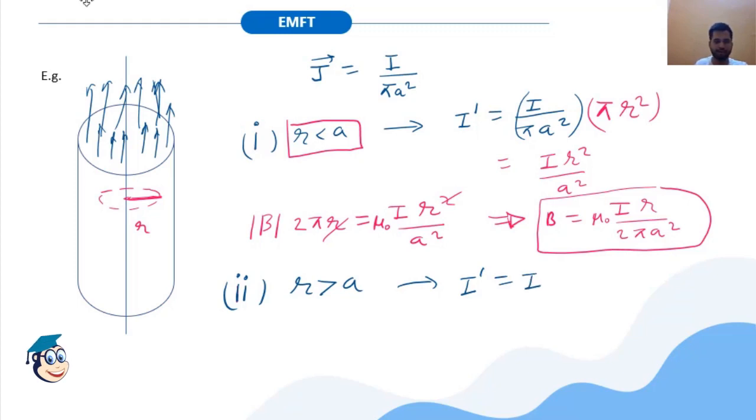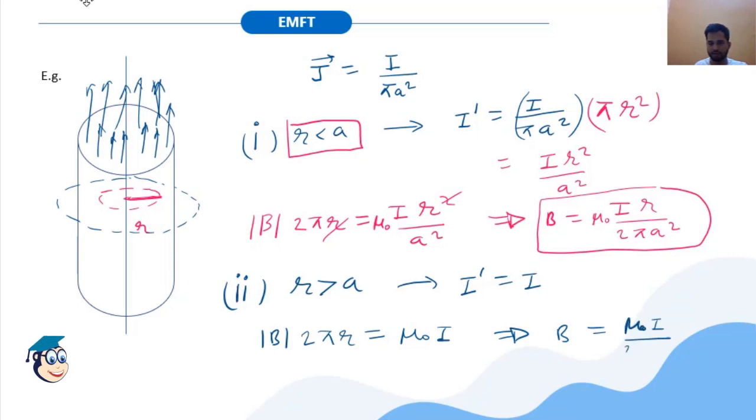So what would be the Amperian loop? Amperian loop would be something like that. Okay, so the current enclosed would be the total current, which means I prime must be equal to I. So again, mod B into 2 pi r would be equal to mu naught times I. Okay, so again you can see that it is a very simple expression of B as mu naught I over 2 pi times r, which will again decay as 1 over r.